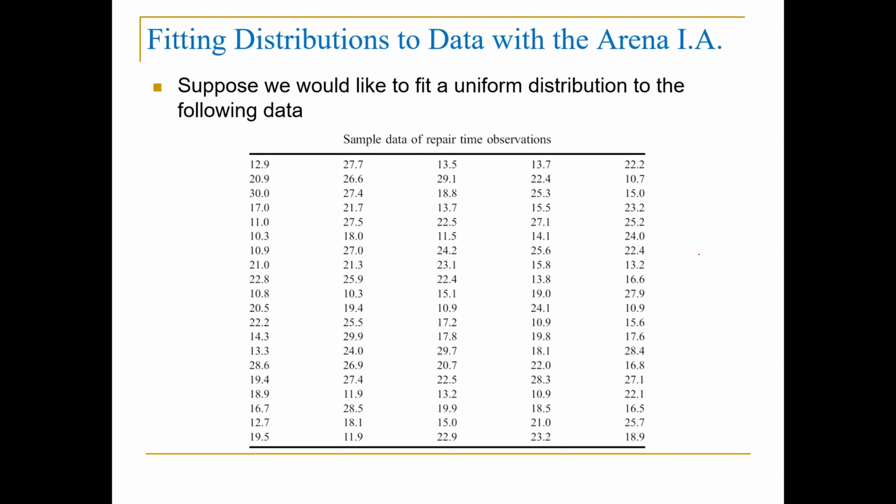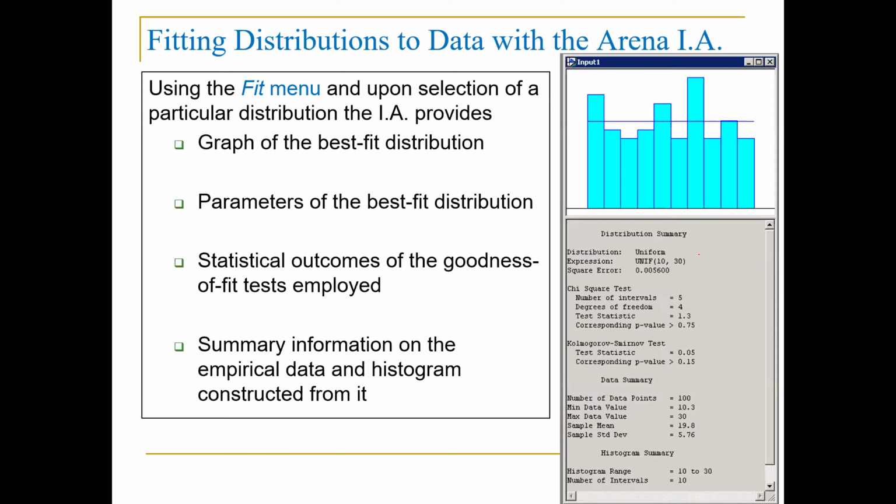Let's say we want to fit the uniform distribution to this data. The type of report that you're gonna see is here. We're gonna do that in a minute. I just want to give you an idea of what you're gonna observe. You're gonna get the histogram. That blue line that is cutting the histogram is the fit.